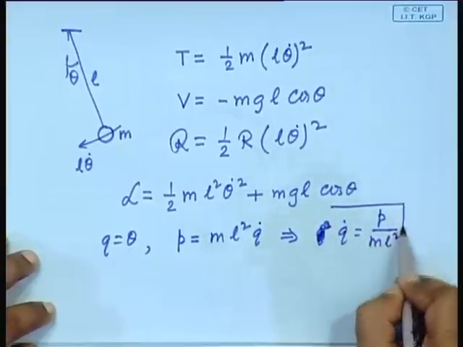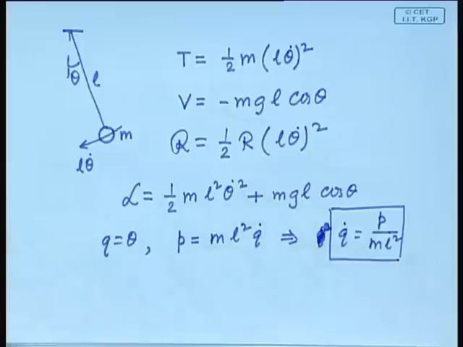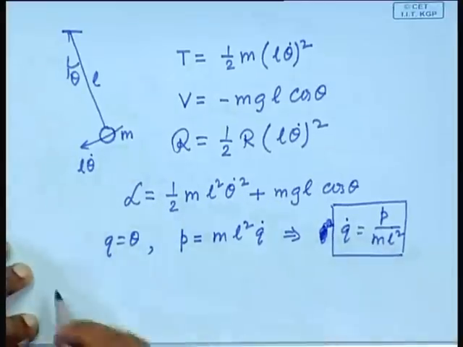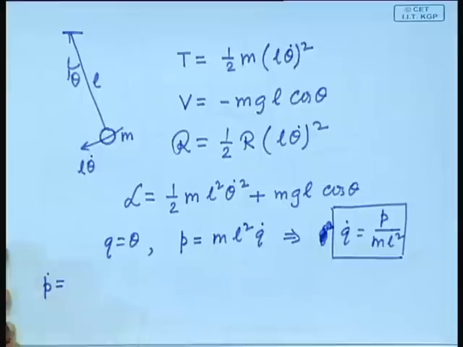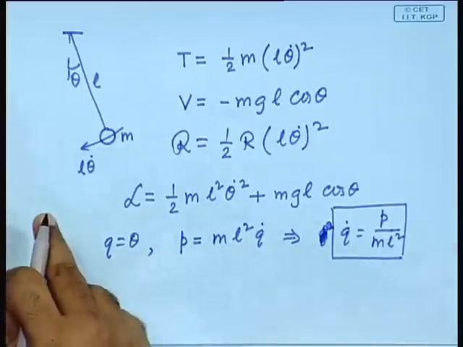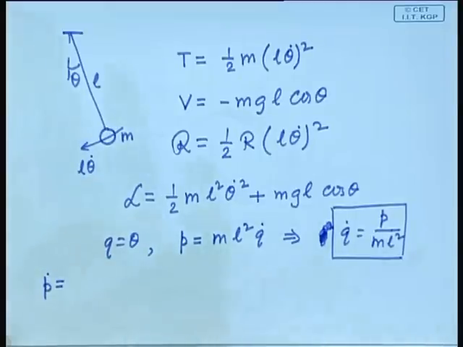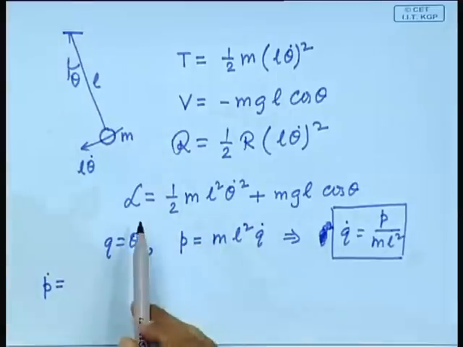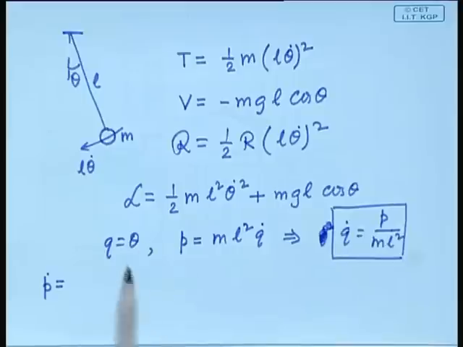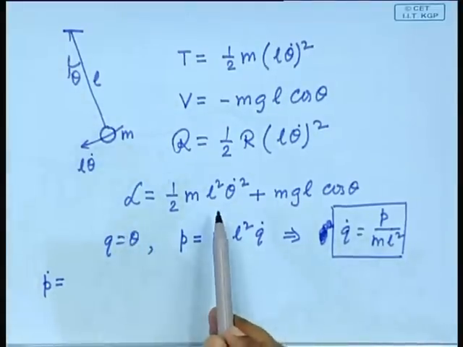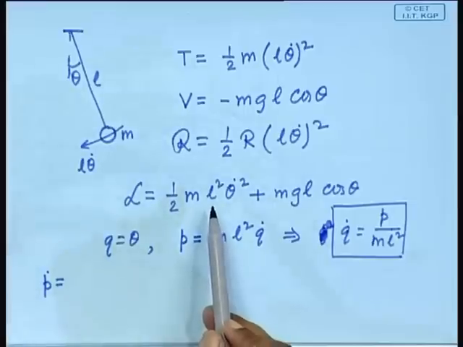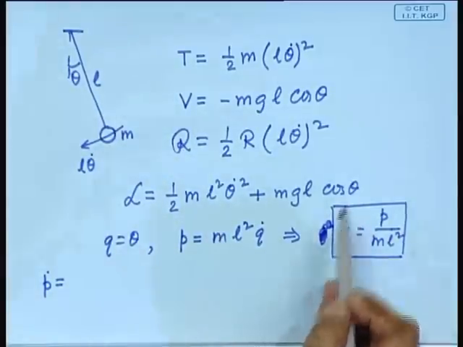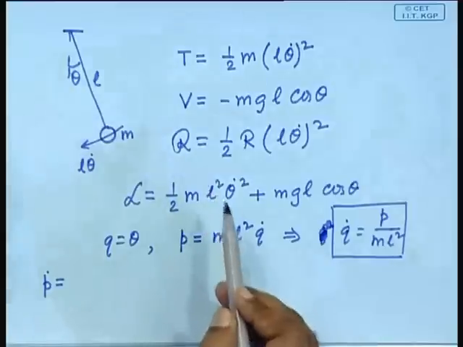So, this is one differential equation. The other differential equation: P dot is equal to, how do you obtain P dot? From the Lagrangian equation. Remember, the first term in the Lagrangian equation yields P dot, and the other two terms are the derivative of the Lagrangian with respect to theta, or in this case q, and the derivative of the Rayleigh term with respect to theta dot.